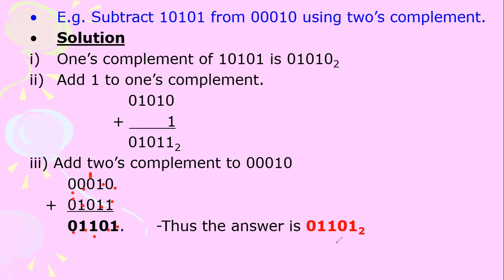So our result is 0, 1, 1, 0, 1. And therefore, our final answer becomes 0, 1, 1, 0, 1 binary.